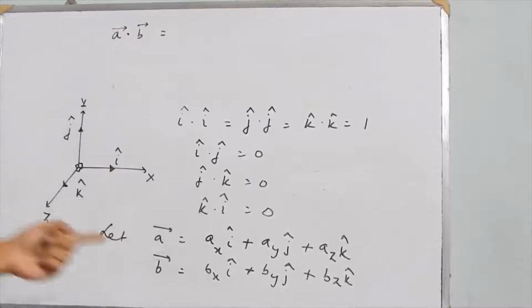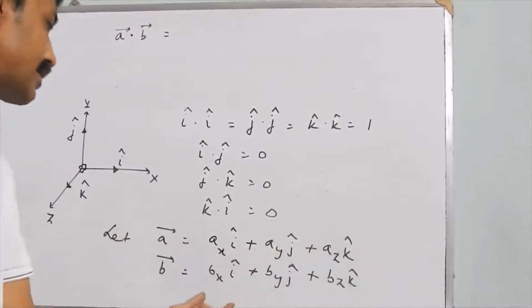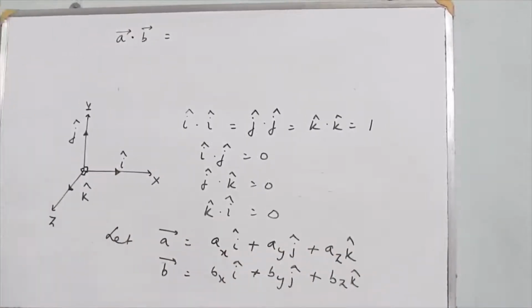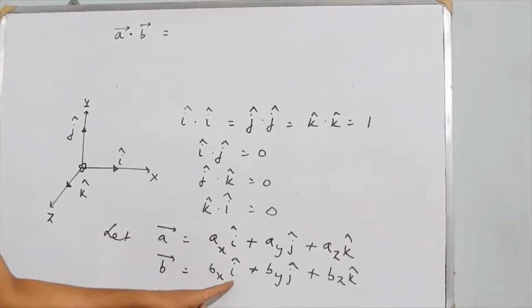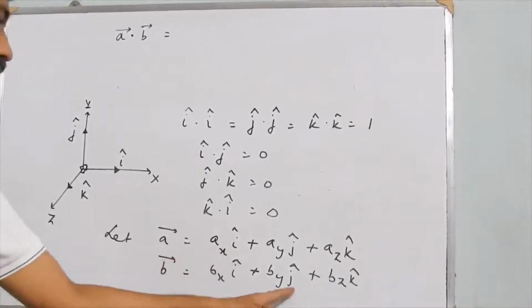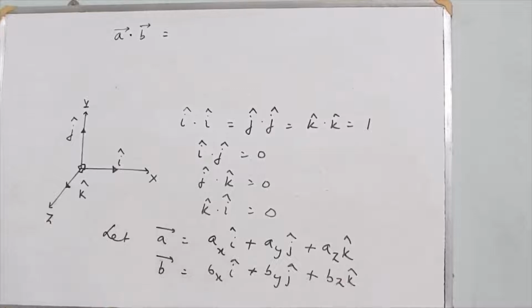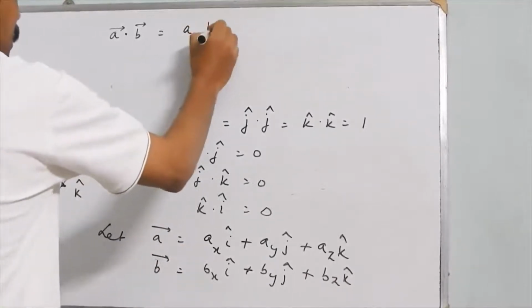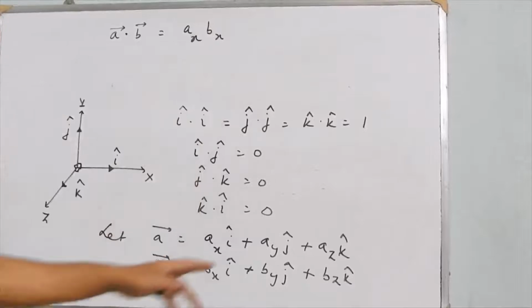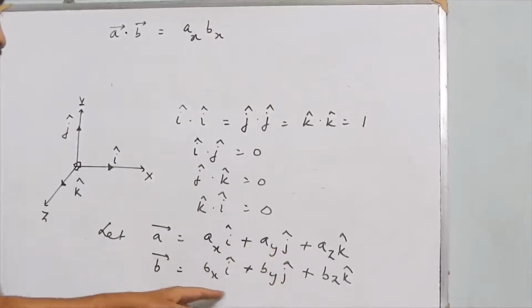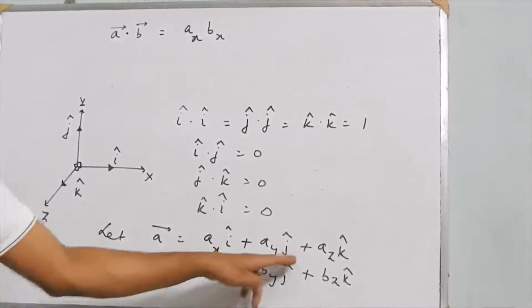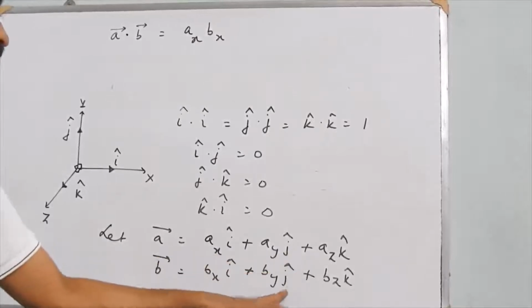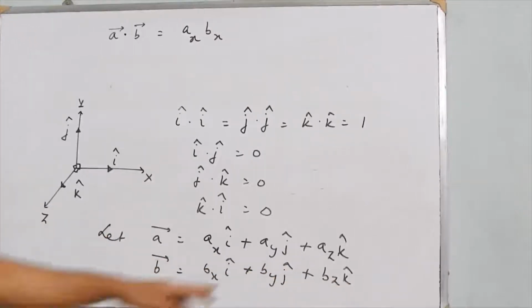So you see that this entire is taken dot product with this entire. So whenever I dot I occurs, you will get 1, and I dot j or I dot k will produce 0. So ax bx you will get. Now ay j hat dot product with this, j hat dot I hat is 0, j hat dot j hat is 1, and j hat dot k hat is 0. So you just get ay by.